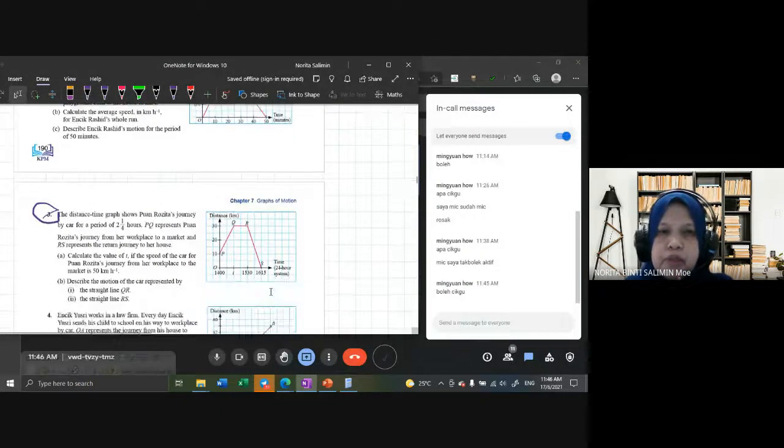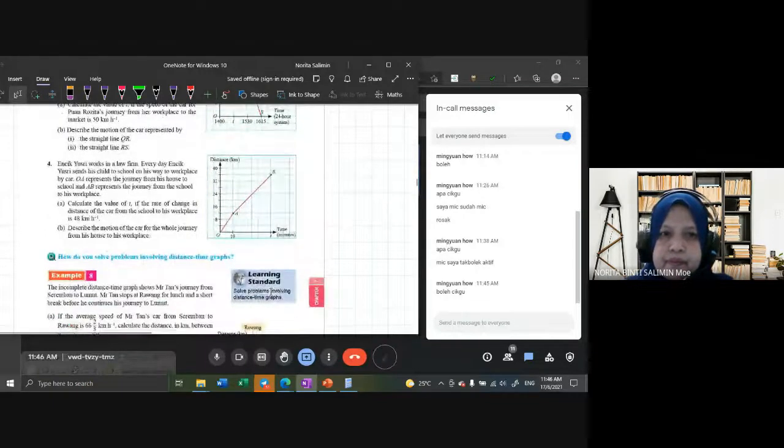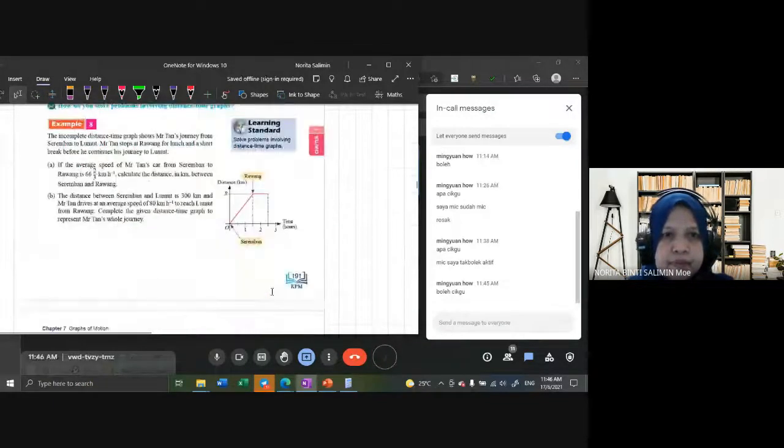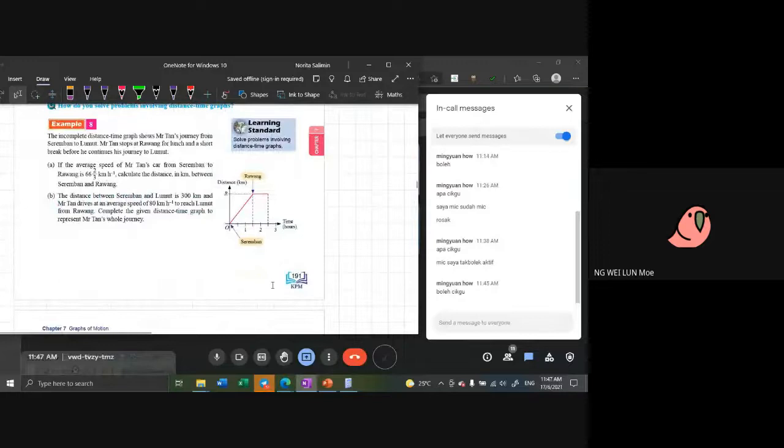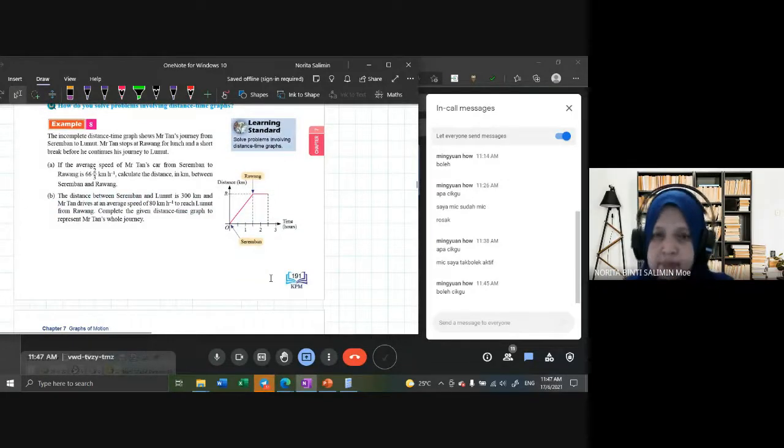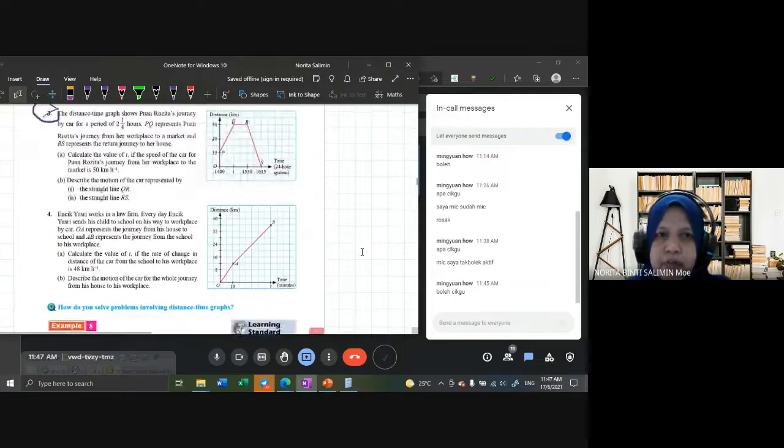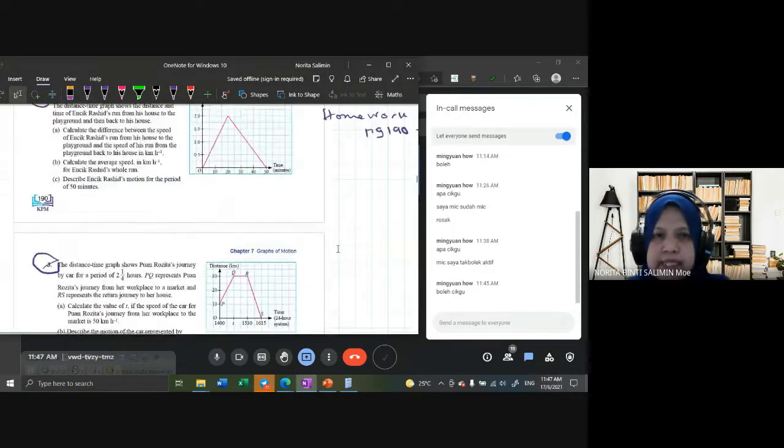Buku 1, buku 2, buku 3? Buku 1 saja. Memang ada satu buku saja. Tak apa, kita guna satu buku tu lah. So, itu adalah sebagai awak punya kerja rumah. Boleh tak?